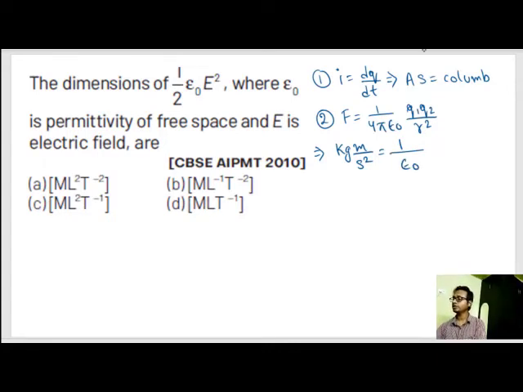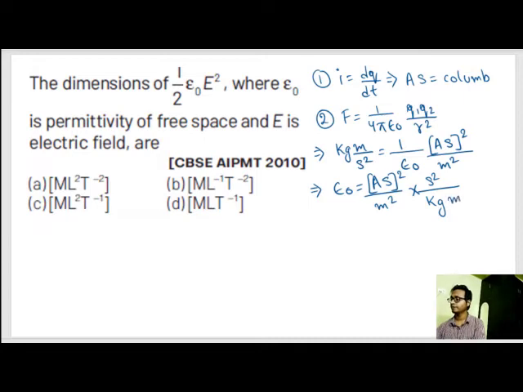Q1 into Q2 is Coulomb square, or ampere into second whole square, by meter square. We take epsilon naught to the left hand side and bring all the terms on the left hand side to the right hand side.